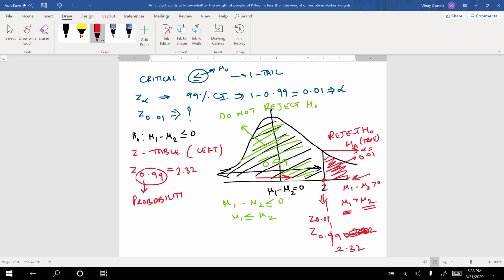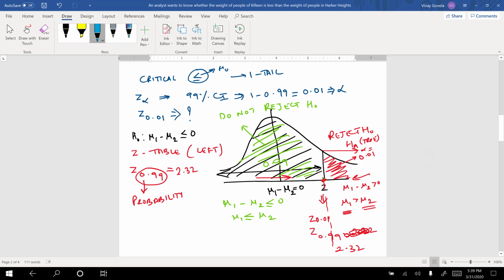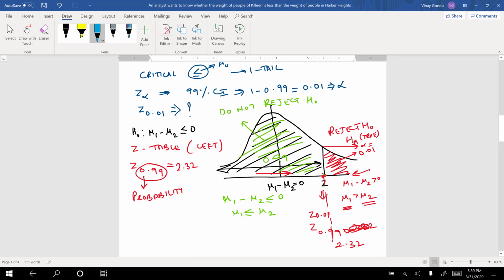Now I will use a different color, and I will go and look at the z test statistic value. It is negative 2.94. Since this is 2.32, what side of 2.32 does my negative 2.94 lie?